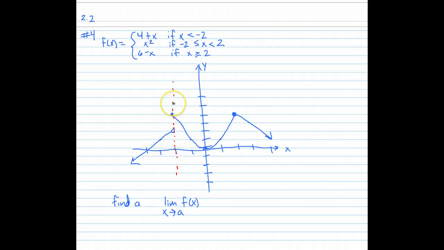So this is the case where a is equal to 2. So once again, we're trying to figure out when this did not exist. So you can see that the left hand limit and right hand limit are not the same thing at the value where a is 2.